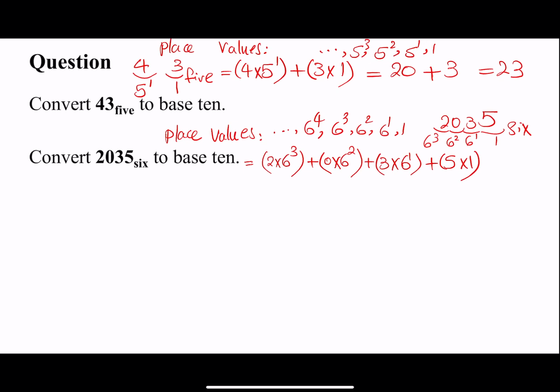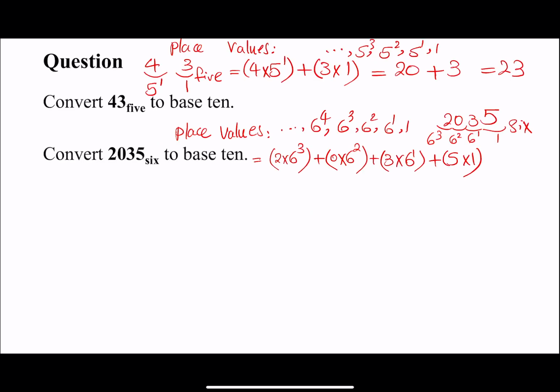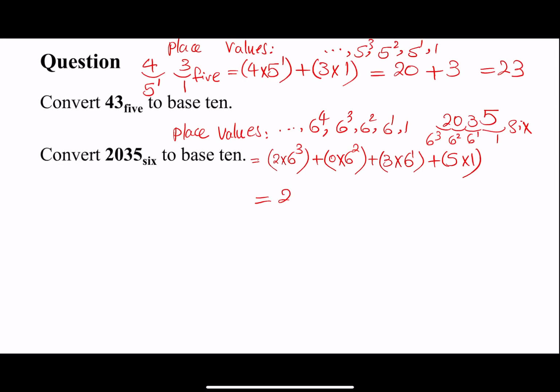Okay, let's see what we get. 6 to the power of 3 is, okay, so it's 2 times 216. Is that right? So 6 times 6 times 6. Yes.